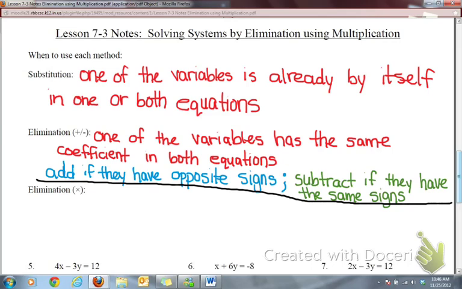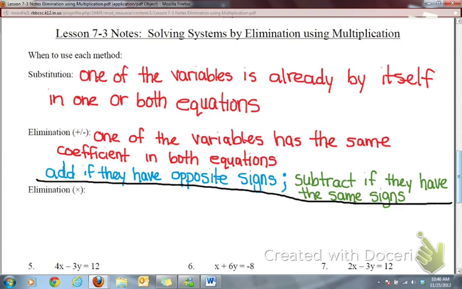With the first type of elimination, that was elimination just using adding or subtracting. We did that when one of the variables has the same coefficient in both equations, the same number in front of either both of the x's or both of the y's. And we add the equations together if those coefficients have opposite signs, because that'll eliminate that variable.